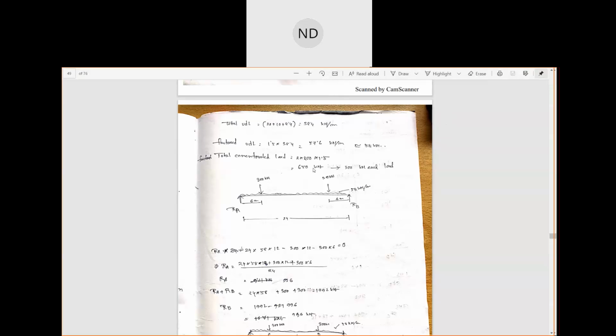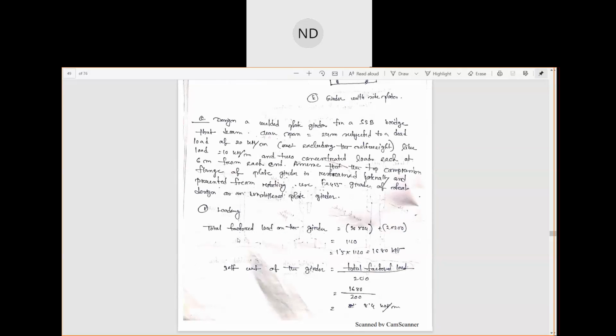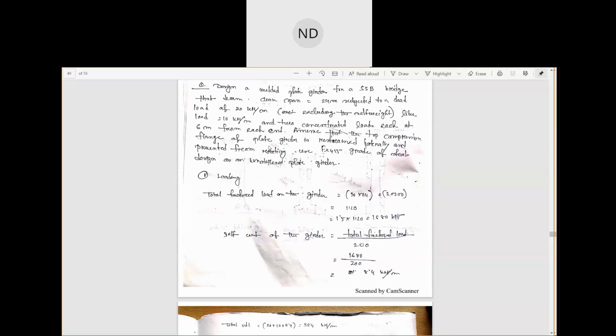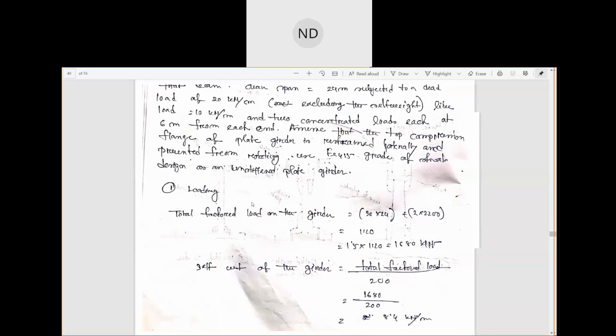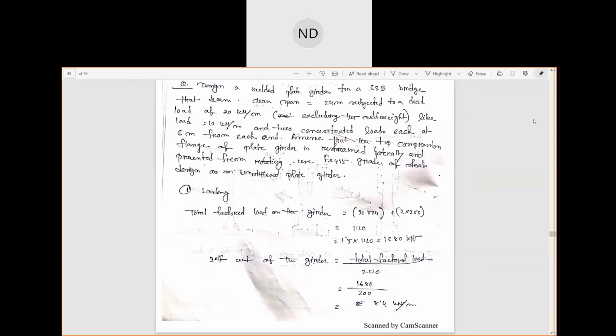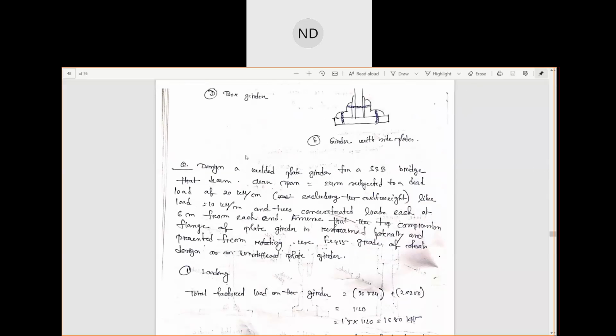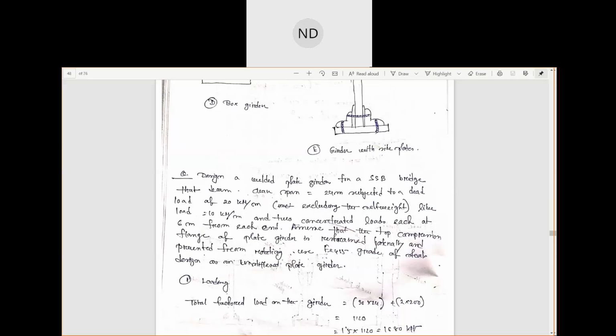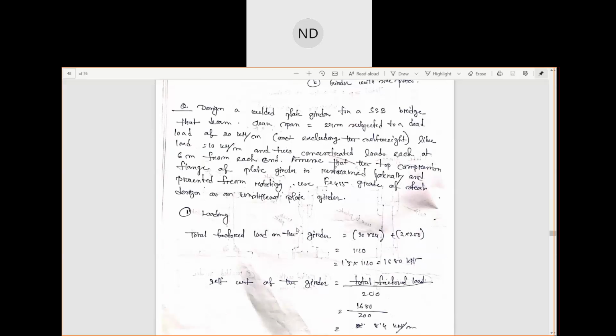Okay, no problem. Last class, in the plate girders, this was the question I gave you: the welded plate girder for a simply supported beam.